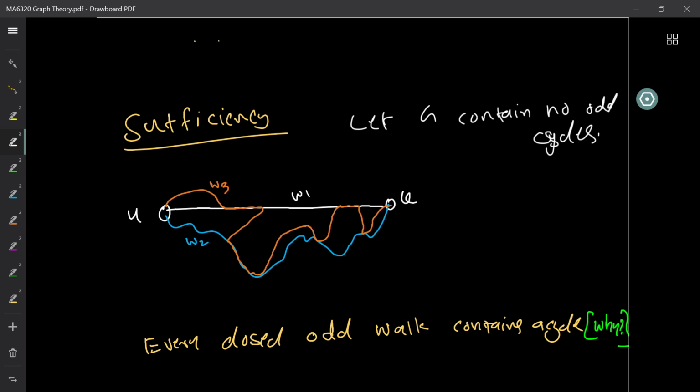For this, we look at a very important and interesting observation: every closed walk of odd length contains an odd cycle. Not just a cycle, but an odd cycle.